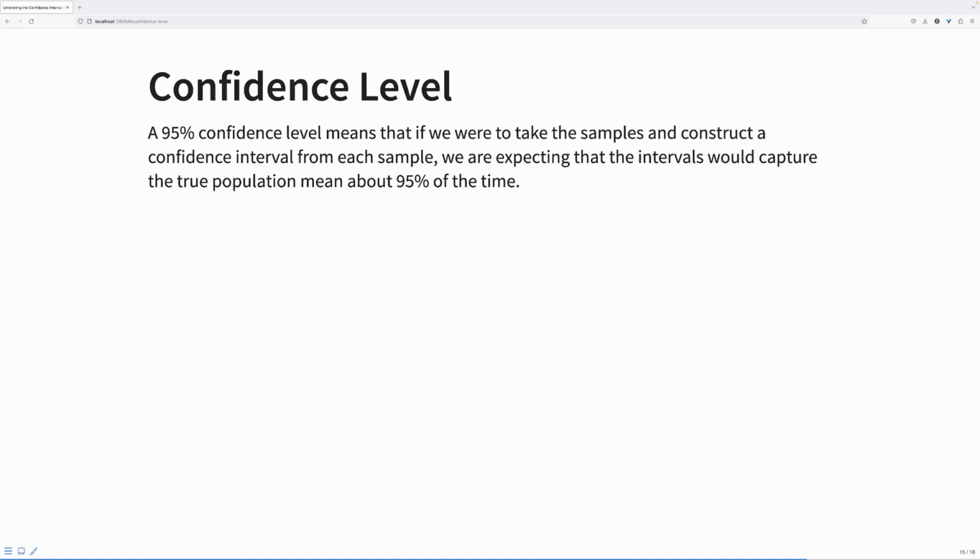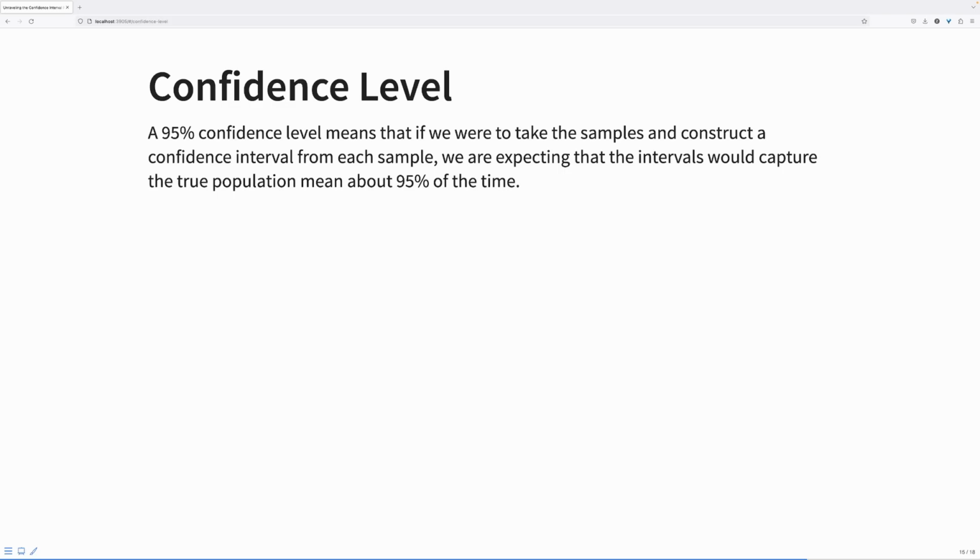In other words, if you say that you are 95% confident, you are stating that in the long run, the intervals we construct will capture the true proportion about 95 out of 100 times with this method. It's important to remember that it doesn't mean that there is a 95% chance that any specific interval contains the population proportion. It's about long-term frequency.